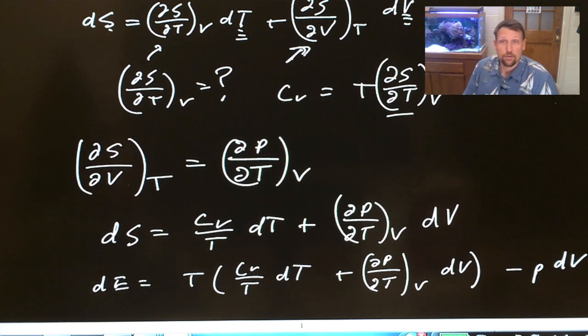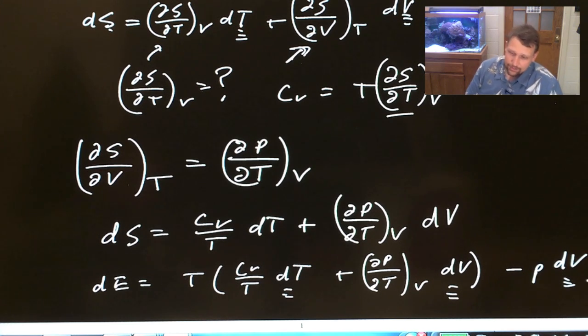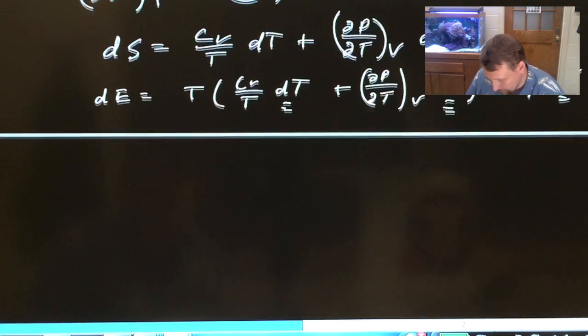Now if you look at our new E equation, you can see that E is a natural function of T and V. So we've solved for this first part. We can take it a little bit further and simplify it down to something a little easier to work with. So just jump down there a little bit.